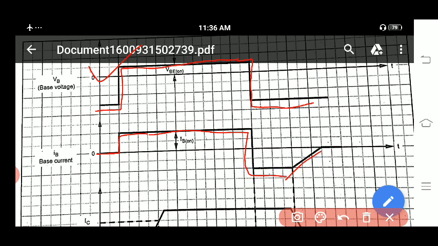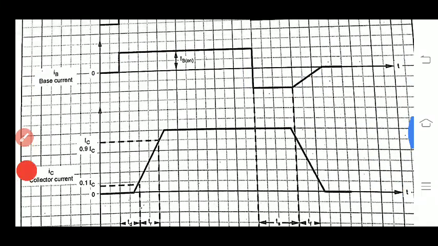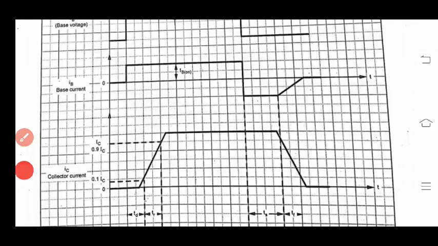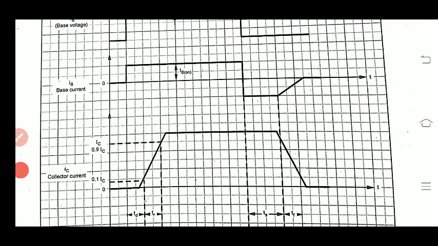As you know, when you apply base current IB, IC should increase, but we'll check whether IC increases immediately or not. We'll see that in the next graph. In this graph you can observe that as you apply IB, IC does not increase immediately.